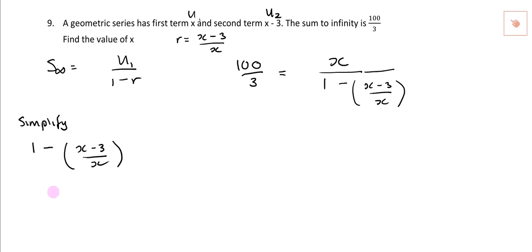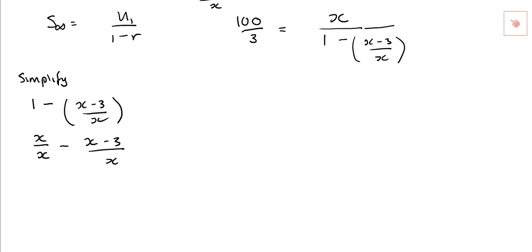I'm going to do that by converting to the same denominator. So that's x over x minus (x minus 3) over x. Okay? You with me so far? All good? Yeah? So what do I do? This should be alarm bells, by the way. Why?